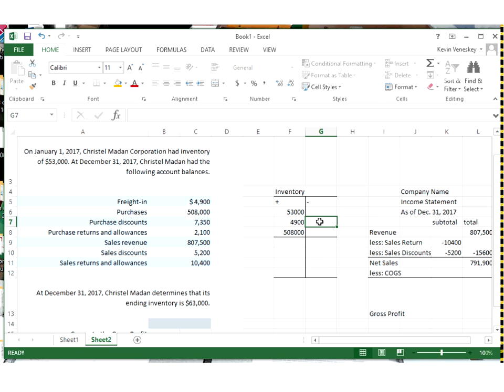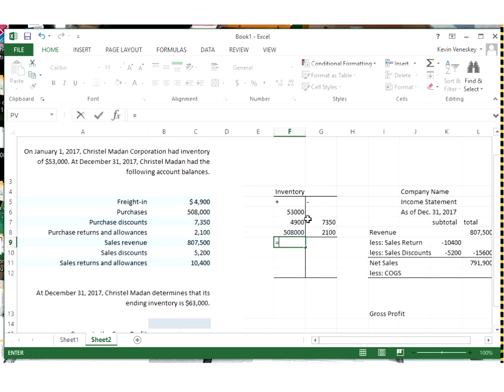So I'm going to put these over here as a reduction to my inventory final cost. So I returned $73.50 of my purchases, and of the $508,000 in purchases, I had a $2,100 discount provided to me, so that gets taken off of my inventory cost.